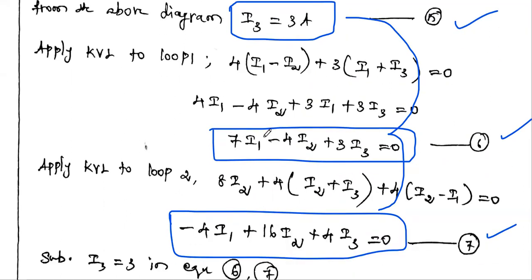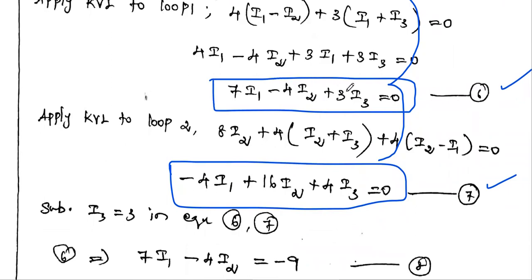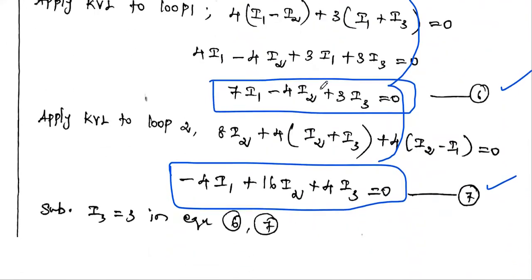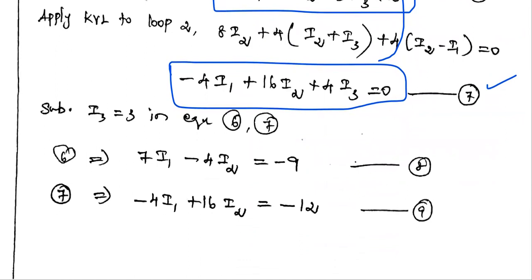So 7I1 minus 4I2 plus 3 into 3, 9. So equation number 6 is reduced to this one. Similarly, in equation number 7, substituting the I3 value, we get minus 4I1 plus 16I2 plus 4 into 3, 12. That 12, if we give it to the other side, means minus 12.